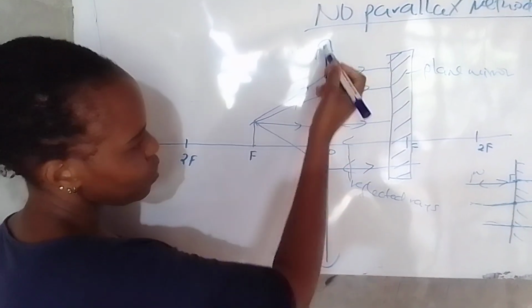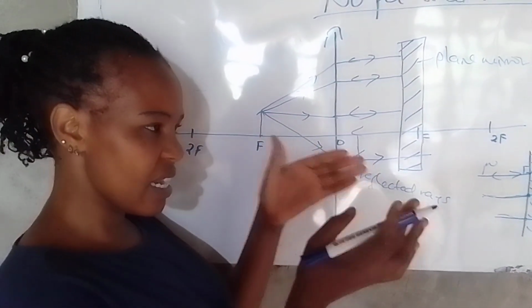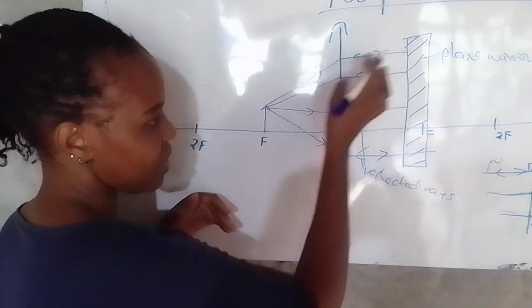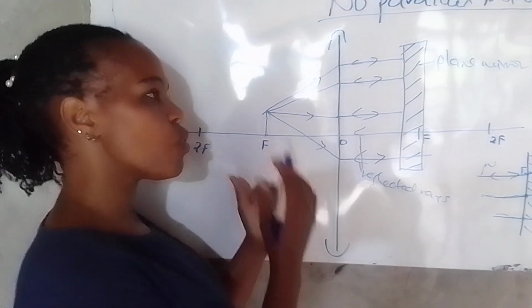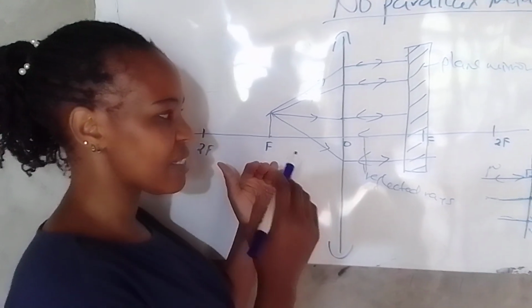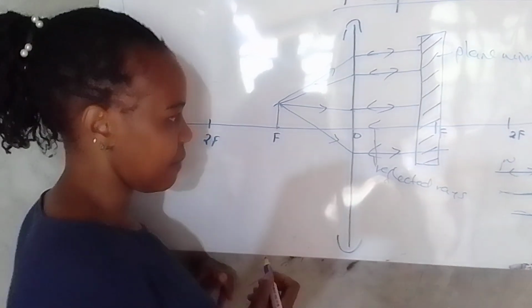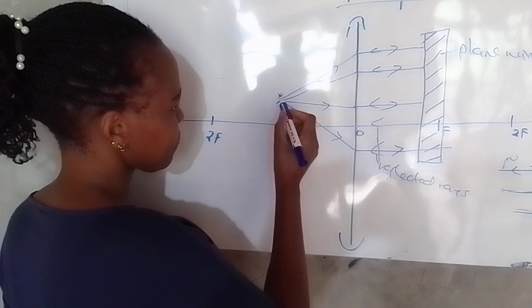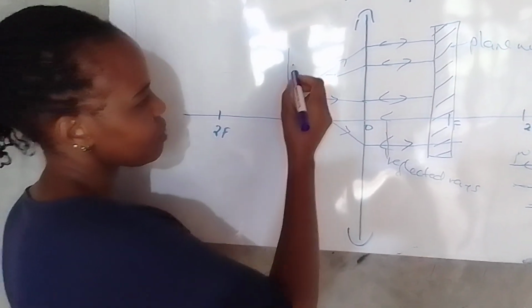But once they get to the lens, what did we say? Any ray that hits the lens parallel to the principal axis, remember these rays are parallel to the principal axis, is refracted through the principal focus, or at least converges somewhere. So as you can see, they are going to be converged there. So where we have our image, the image is going to be at the same point. So that's the image. Now this will be the image.